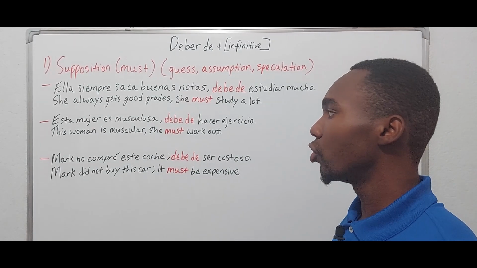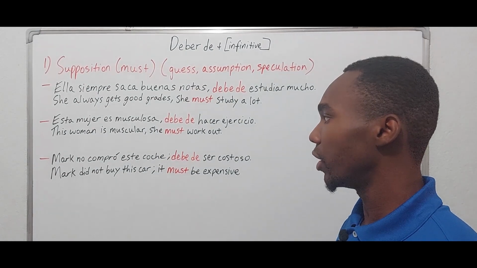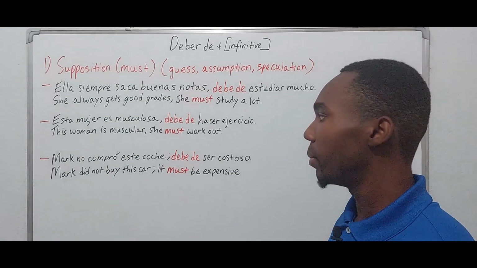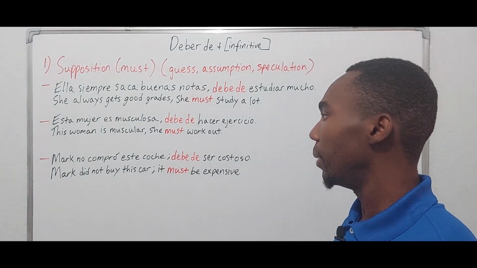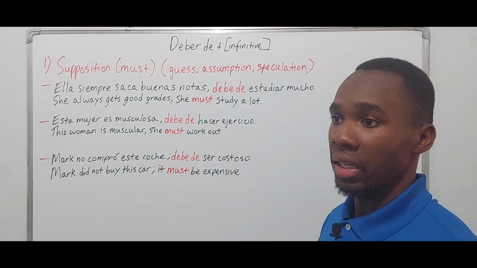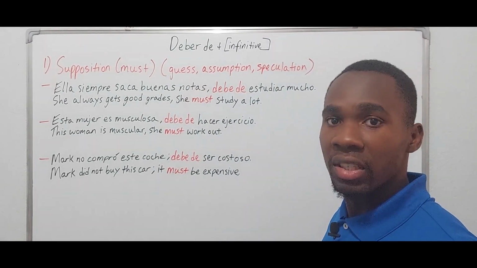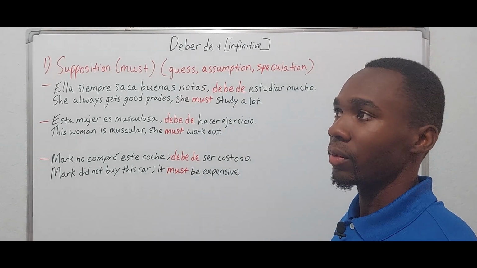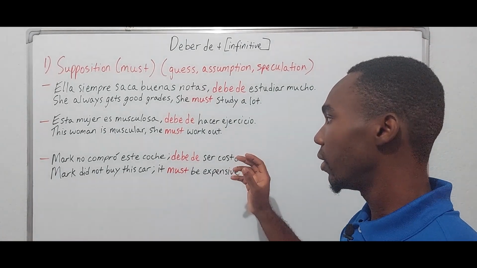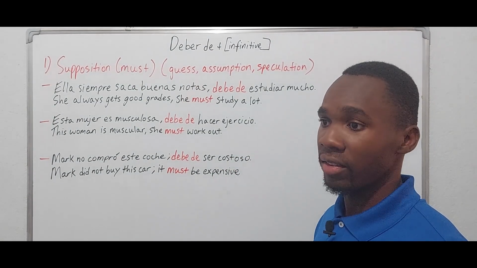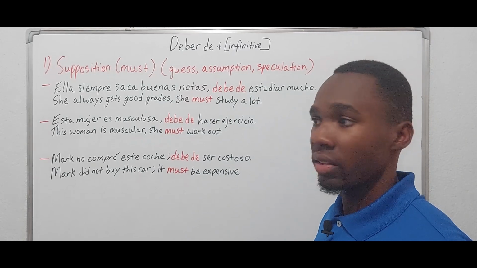Number 3. Mark no compró este coche. Debe de ser costoso. Mark did not buy this car. It must be expensive. Okay? That is reasonable. But if we're saying that Mark did not buy the car because it was expensive, that might not be the case.